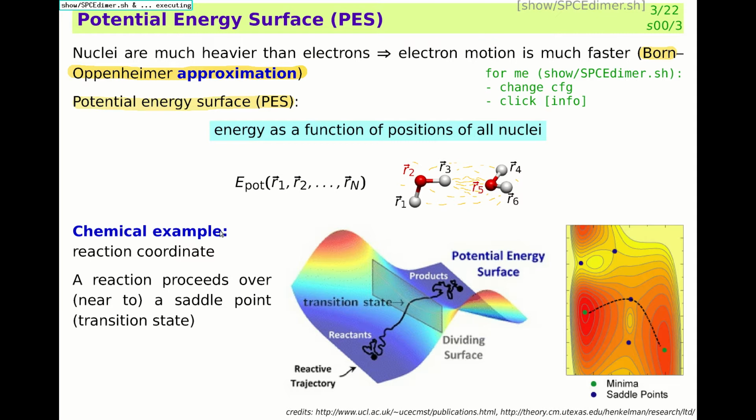Another example that certainly you have heard in basic courses of physical chemistry is the use of the potential energy surface to study chemical reactions. That is, we have a lot of atoms, for example, in two molecules that react together, and we have the energy as a function of N atoms, that are totally 3N numbers.